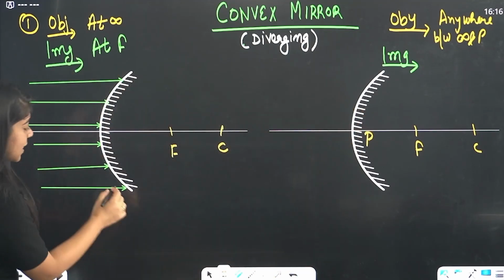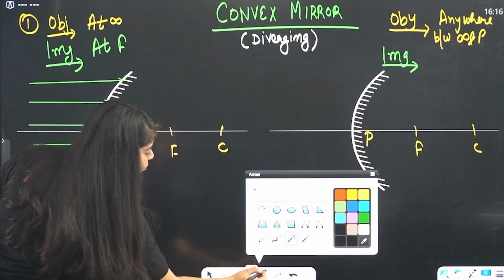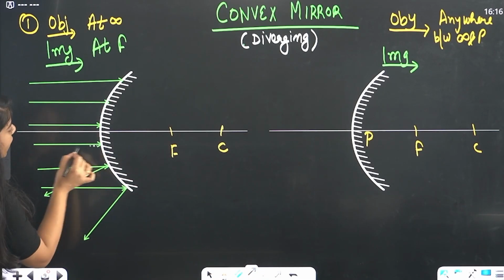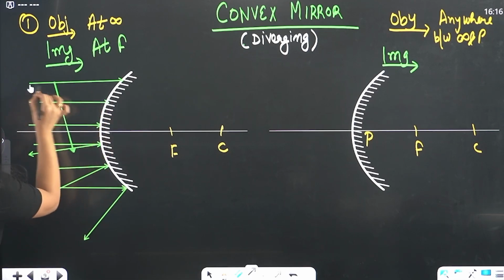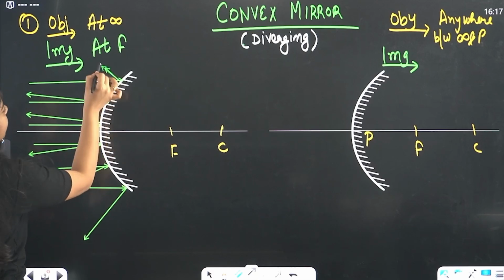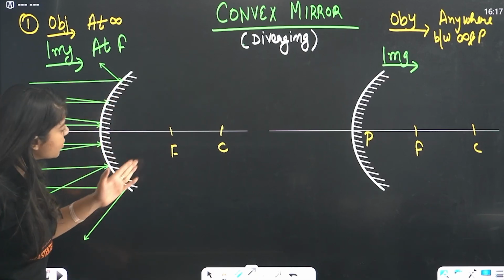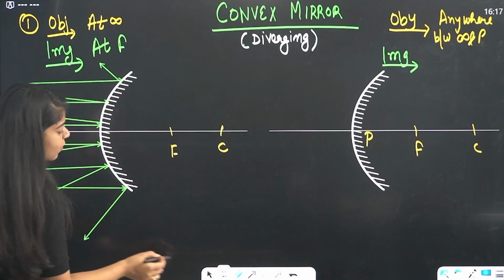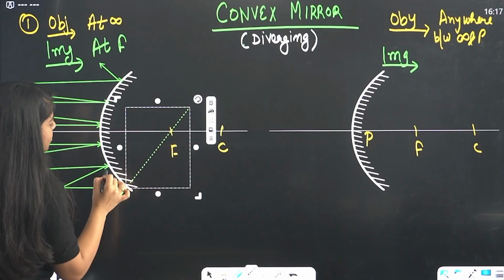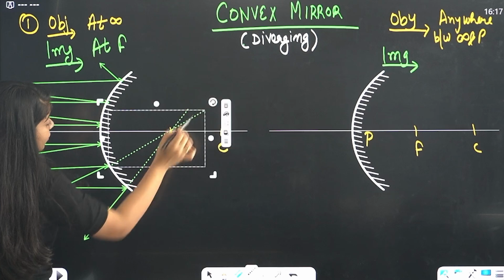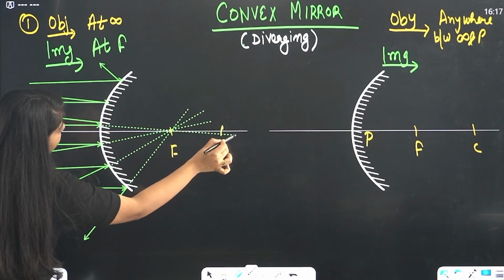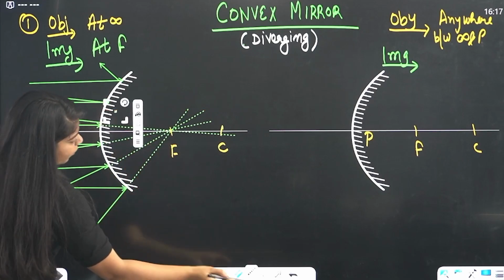So look, these rays, they are not meeting at a point. They will reflect back and go away, something like this. They will go away like this. So if you extend all these rays back, beta, these rays will pass from the focus of the mirror.